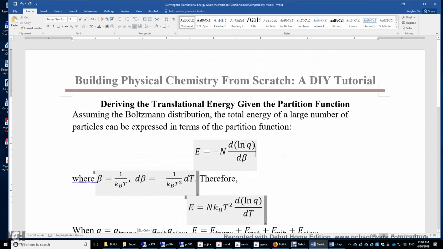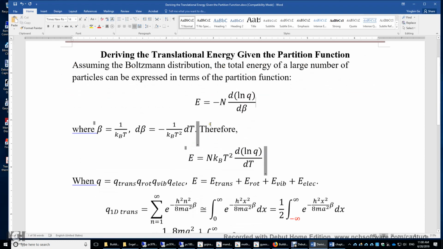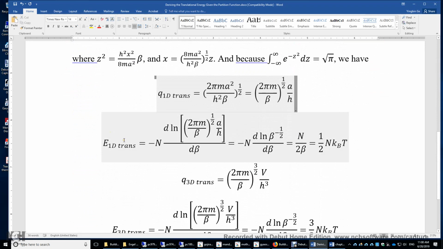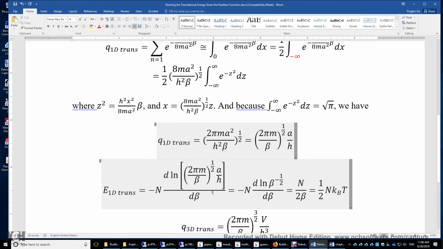Again, this q can be the translational, rotational, vibrational, or electronic partition function, and it can also be the total partition function. You can use this equation for any kind of situation. So I'm going to use this for the one-dimensional translation here.